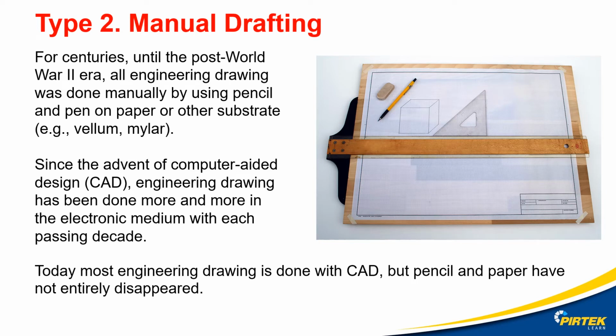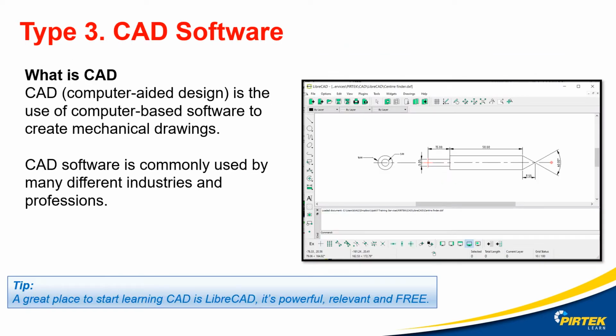Manual drafting. This is the use of protractors and T-squares and drawing boards and various grades of pencils and so forth. The advent of CAD, computer-aided design, has basically superseded the need for manual drafting skills. Yes, it's still important to know how to use these tools. Third type, CAD software.